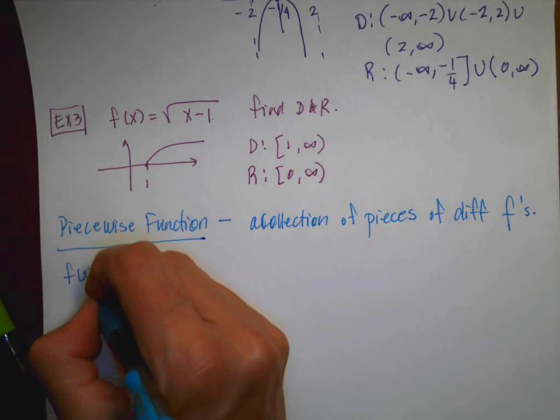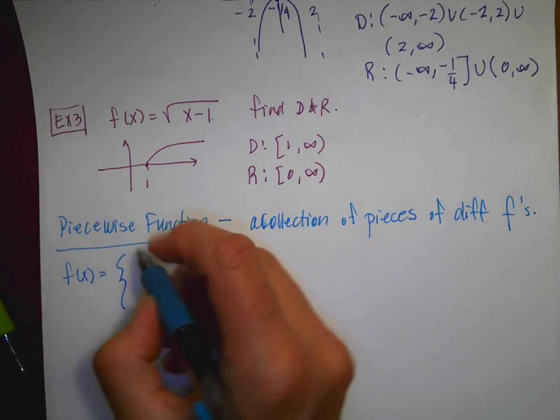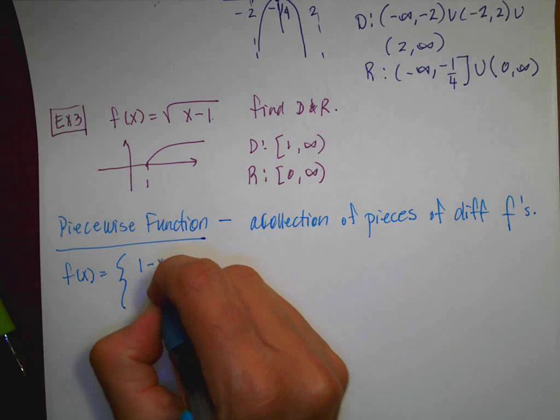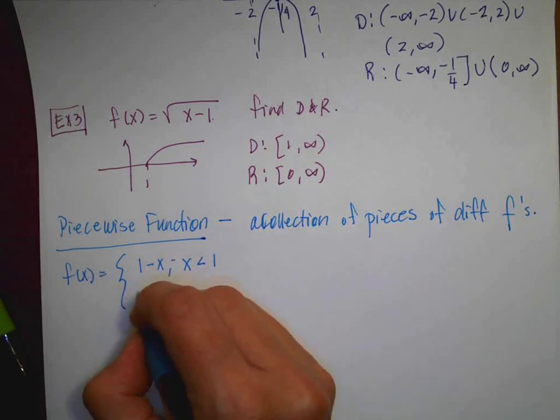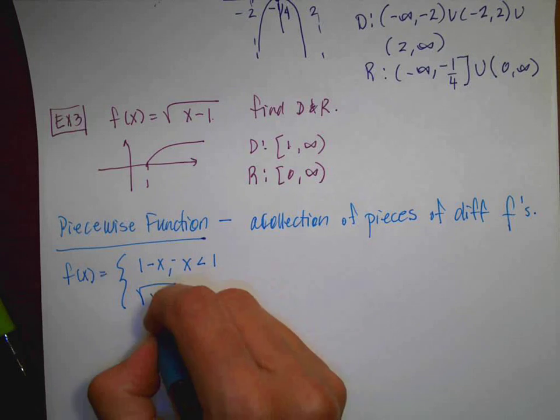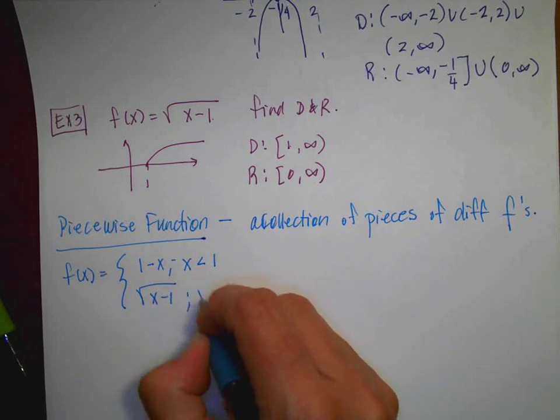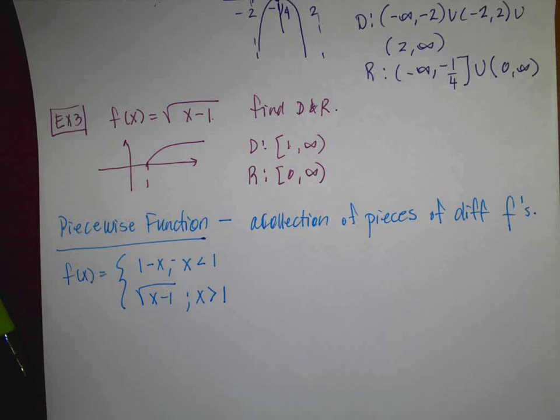Okay? For example, if I have f of x is equal to, and then I have 1 minus x, and x is going to be less than 1, and then the other piece is the square root of x minus 1, and x is greater than 1, okay?